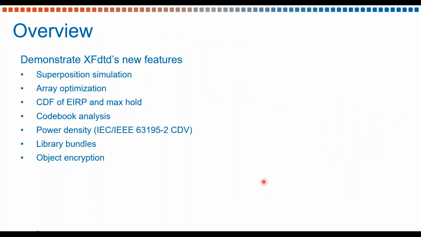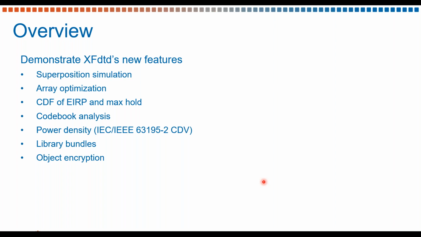To start off, let me give you a brief overview of the presentation. Here are the specific features that I'm going to cover today, with a brief demonstration of the features in the software as well. The first two features are a post-processing feature, which allows users to combine the steady state results from an FDTD simulation to perform a post-processing analysis.